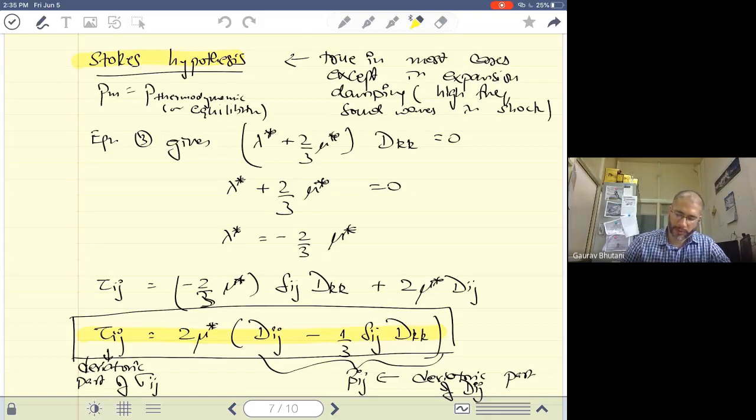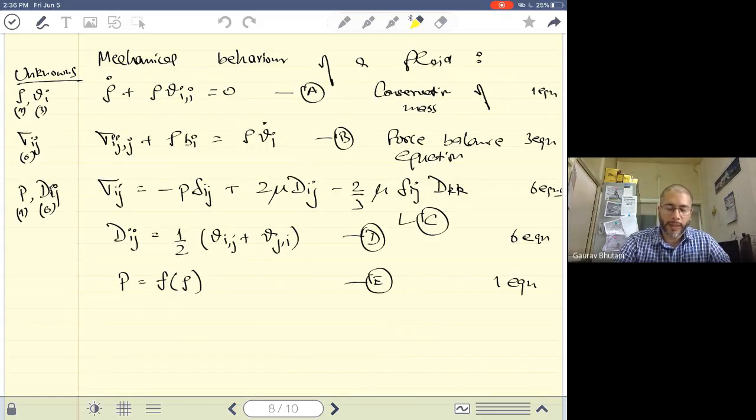So what we did was we substituted this expression, which is the constitutive model for the fluids, into the conservation equations, taking an isothermal fluid, that is, there's no change in temperature or the internal energy of the fluid. So we finally had 5 equations.